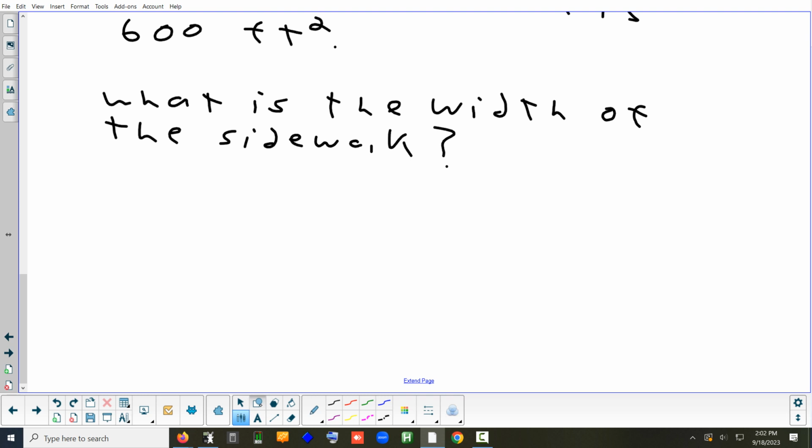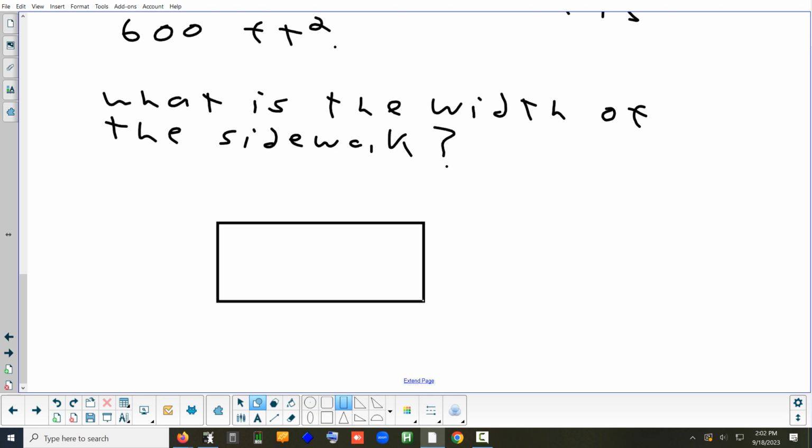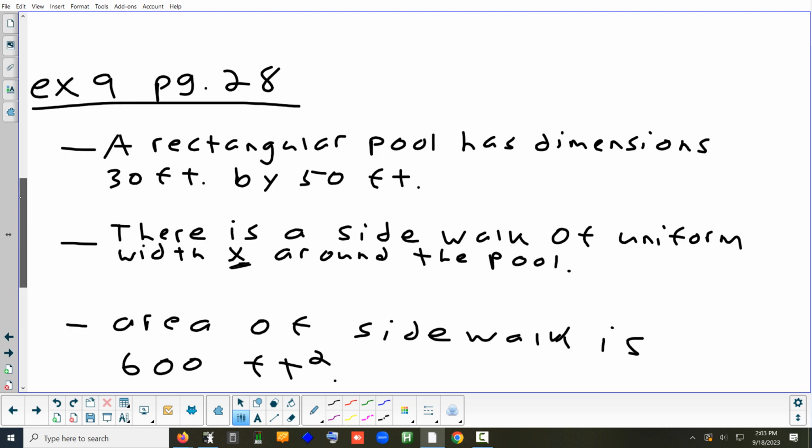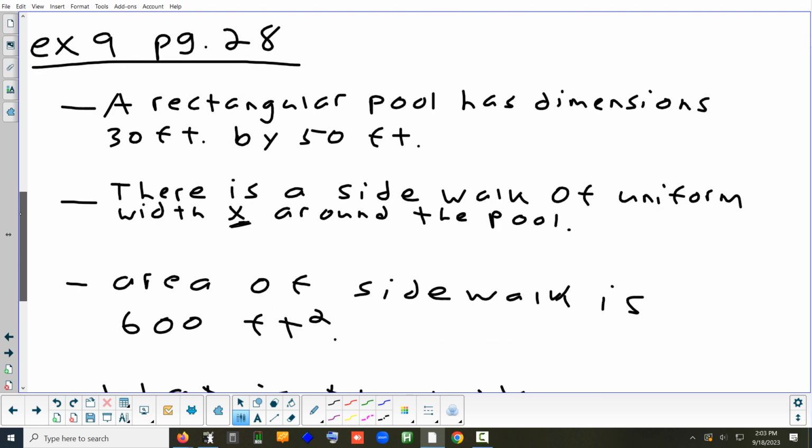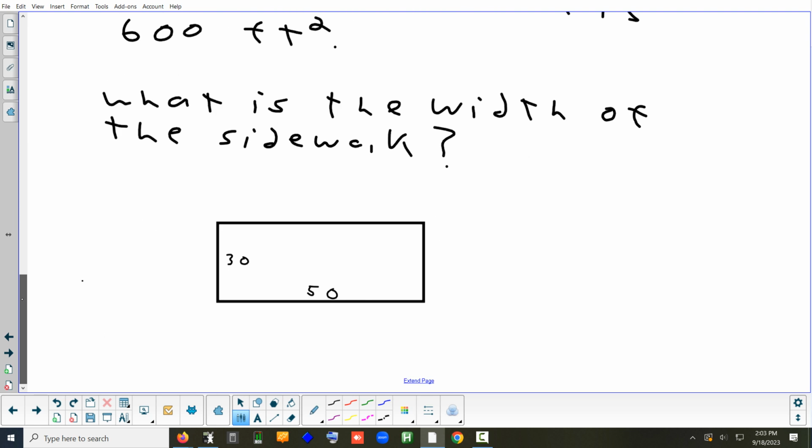I'm going to scroll back up. What were the dimensions of the pool? 30 by 50. Okay, thank you. 30 by 50. And we've got a sidewalk going around the pool, and it's the same width all the way around. So let's draw a sidewalk.